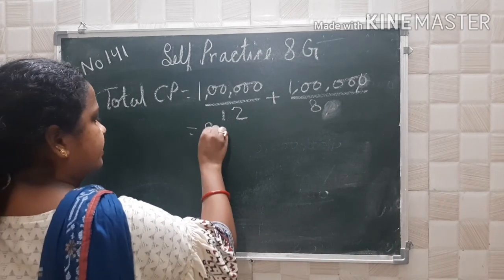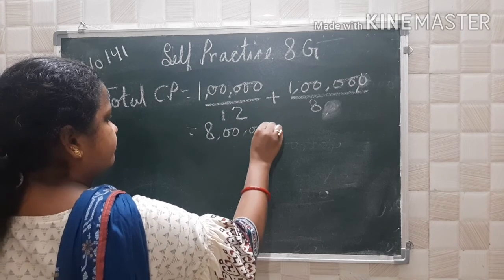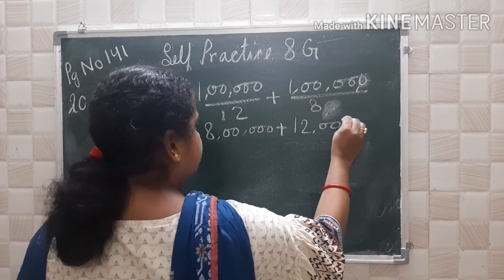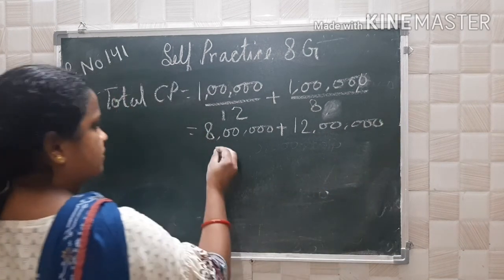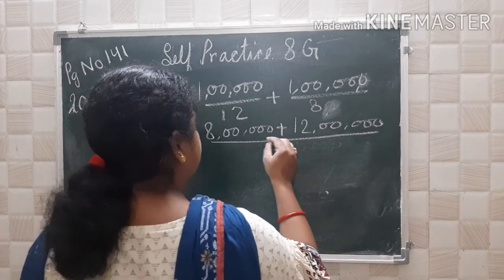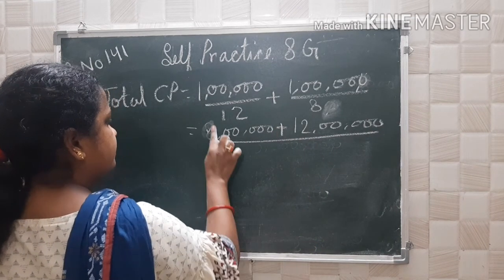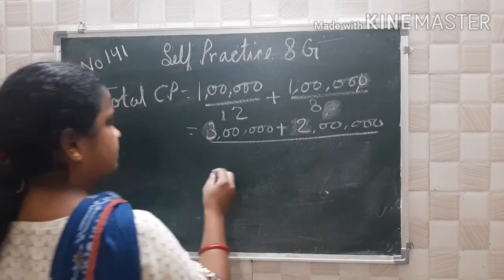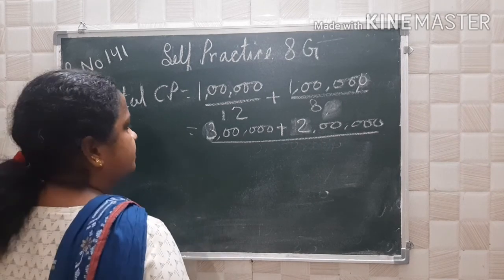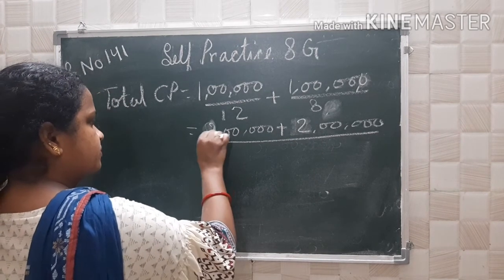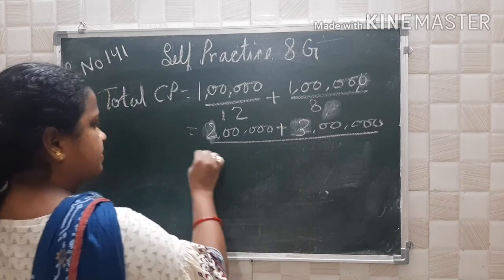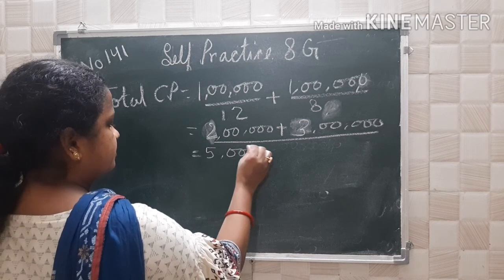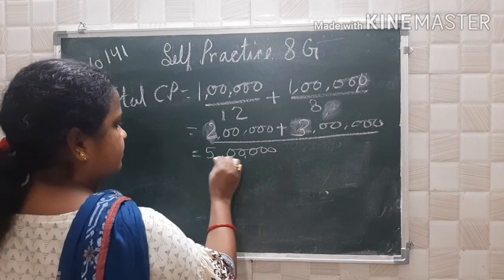It will be 8 lakh plus 12 lakh upon, 8 threes are 24 and 3 twos are 6, 2 plus 3, 5 lakh upon 24.